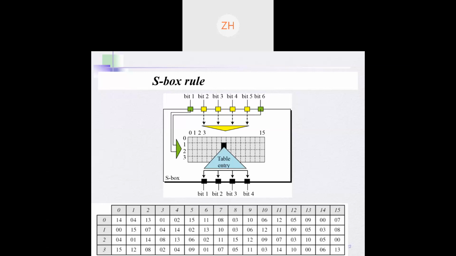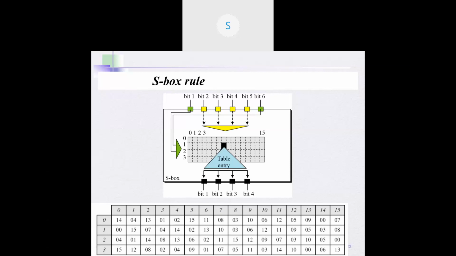And then how do you get the 4 bits? The output is 4 bits, but you have to convert the value into 4 bits. So 12 now, you convert into binary, what do you get? 1100.